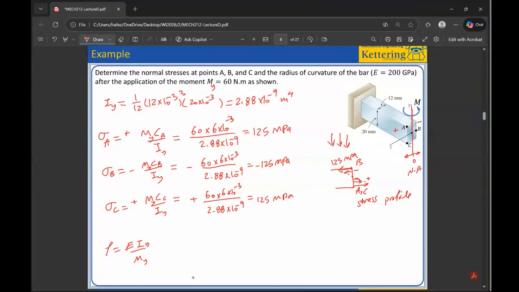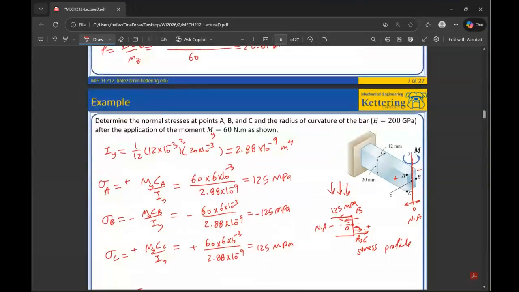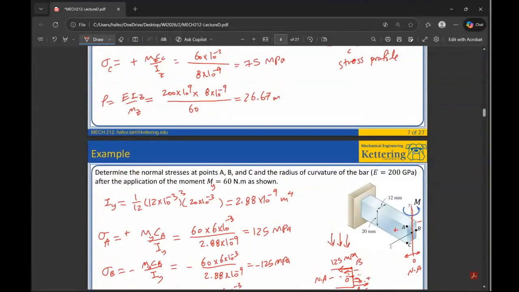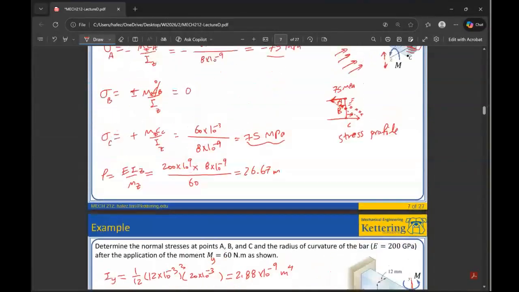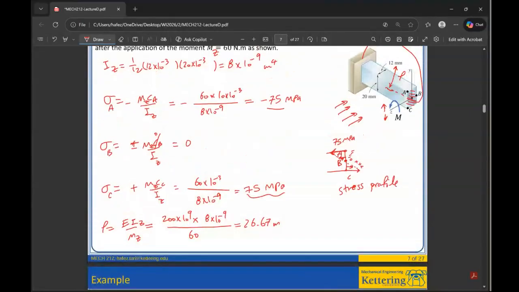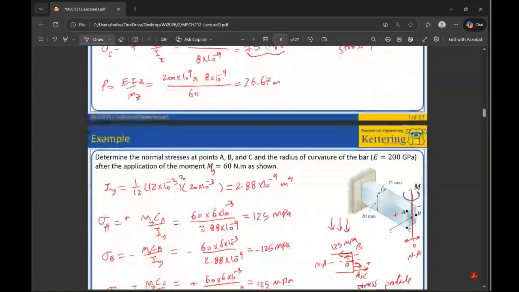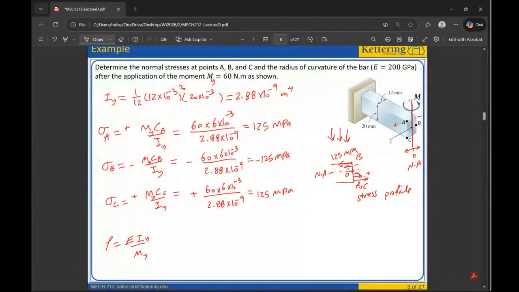So this is positive, this is negative, and this is 0 on the neutral axis. So if you compare this with the previous one, we had only 75 megapascal. When we had the axis loaded like this, but here we're getting 125 megapascal.